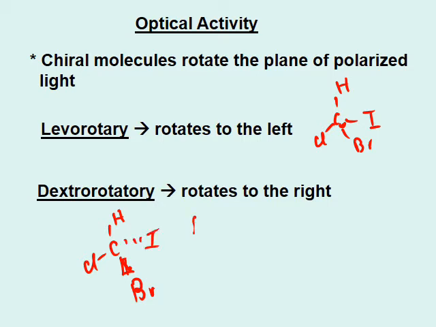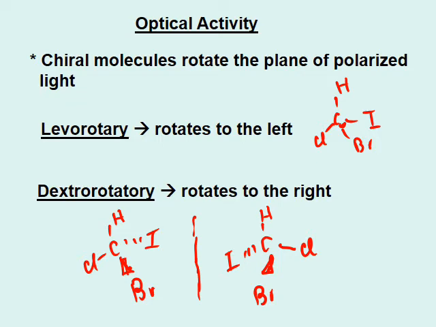Let's assume that there is a plane here in between, and C would be just like before, hydrogen and Cl. Obviously keep in mind C will be reflected the other direction because of the mirror, and I would be going the other way, I, and now Br would be projected towards you.